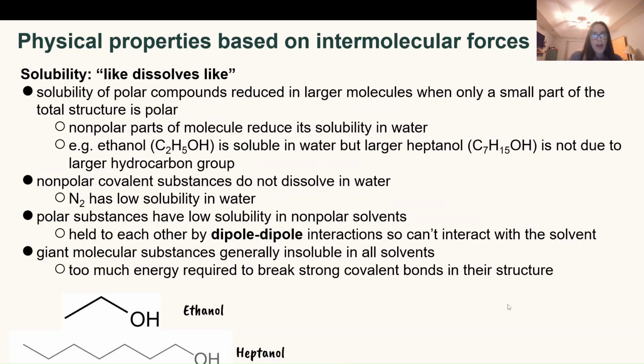Okay, so if you have a larger molecule, whenever you have a small part of it that's polar, okay? So you could have, again, like a lipid, something that's both polar and nonpolar. If the nonpolar part is bigger, then it's not going to be that soluble in a polar solvent. Remember, solvent is the thing that does the dissolving.